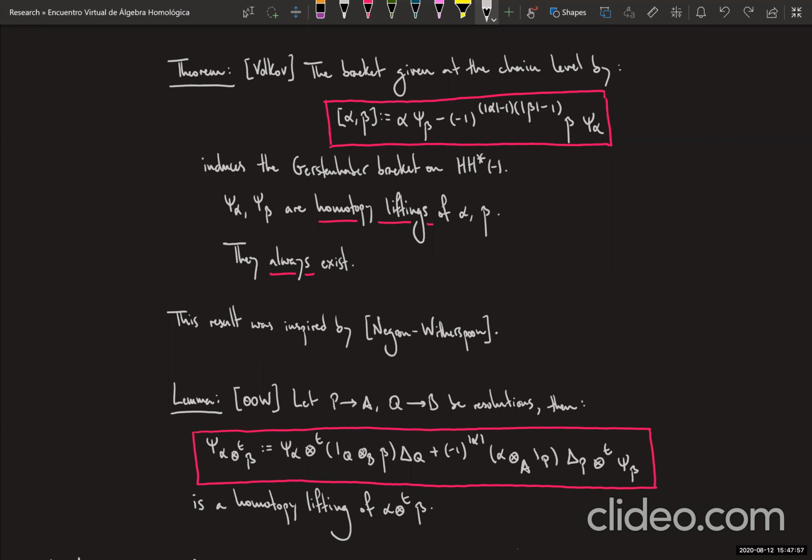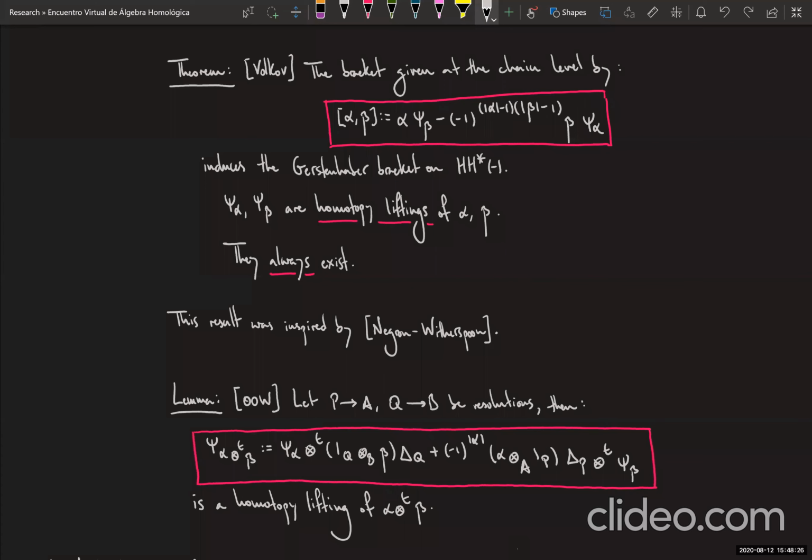As we said, these homotopy lifts are chain maps between shifted resolutions, and they have to satisfy very technical conditions. But it turns out that their dependence on a resolution and a diagonal map is not such. Homotopy liftings, in fact, do not depend on any specific resolution and diagonal maps.